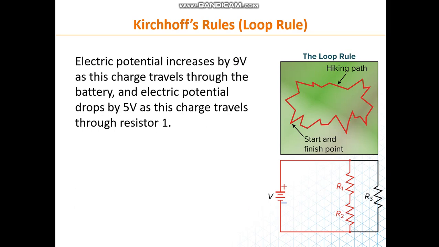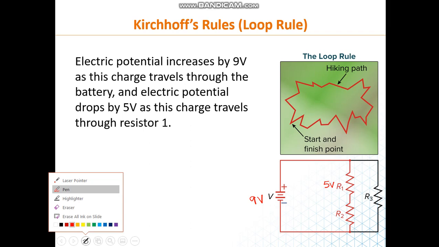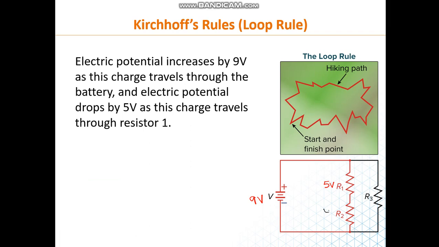Let us assume that the electric potential due to the battery is increasing by 9 volts. As the charges travel, the electric potential drops at R1 by 5 volts. Because I know that energy gained is equal to energy lost, the amount lost in R2 will be just 4 volts.